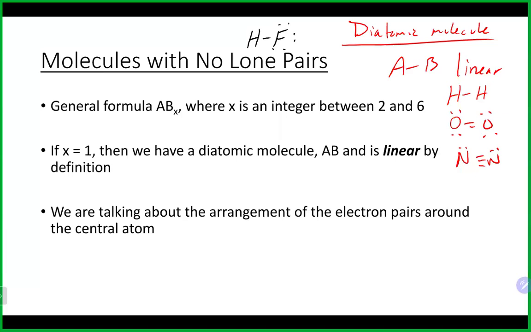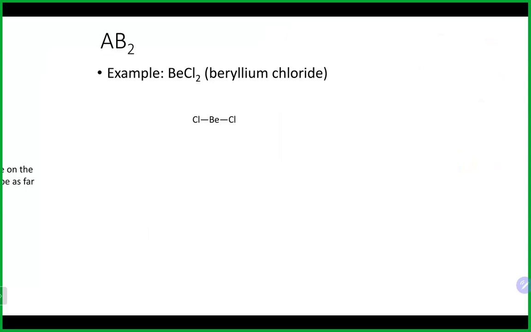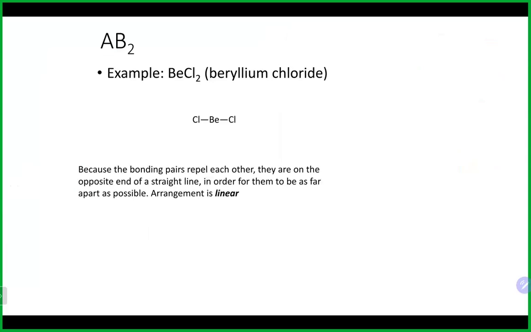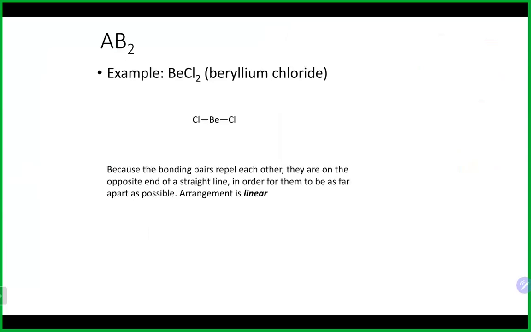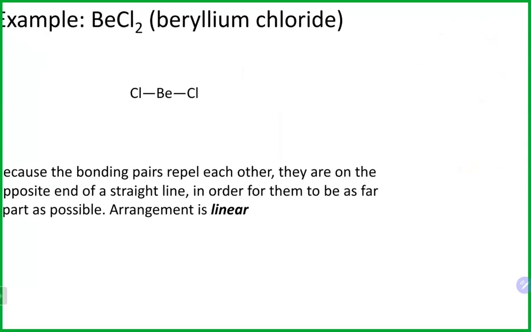Now, it does get a little bit different when we have 3 or more atoms involved in the geometry, and that's what we're going to talk about next. So our first example here is actually an incomplete octet. When we do geometry, there's a couple things you want to look at. The first thing is always the central atom, the one in the middle. That should always be the only place you look at when you're doing geometry.